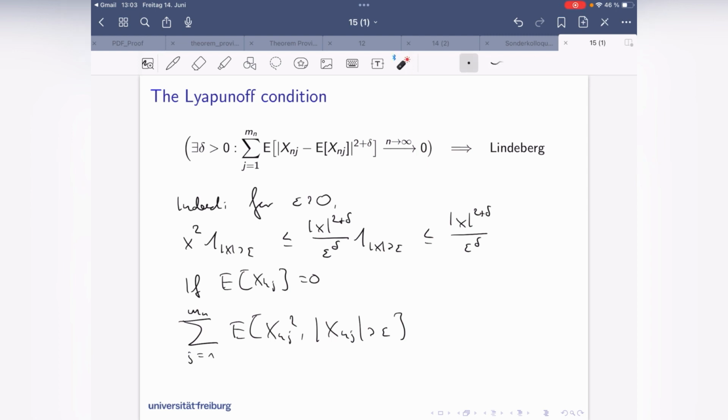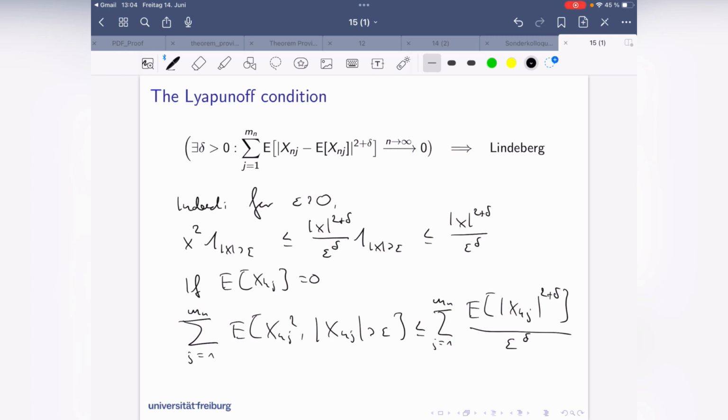I can use the inequality here, so it's bounded from above by the sum over j from 1 to m_n of the expectation of X_nj to the power of 2 plus delta divided by epsilon to the power of delta.